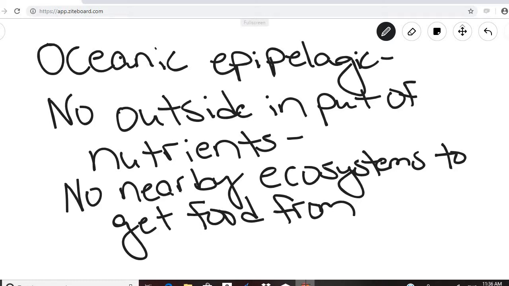So all the food in this area has to be self-produced.